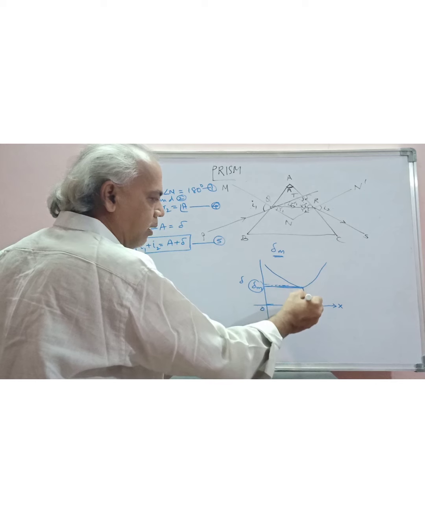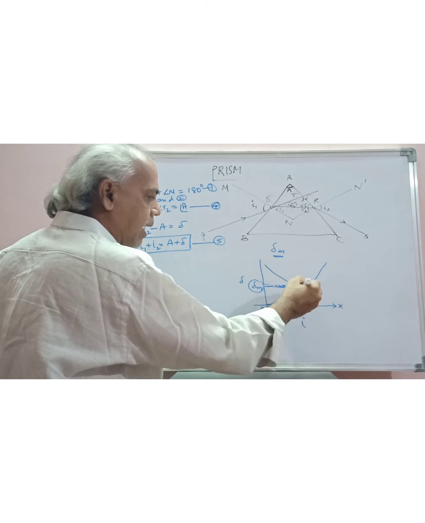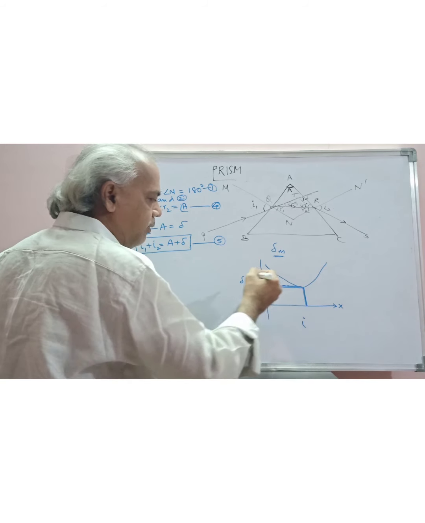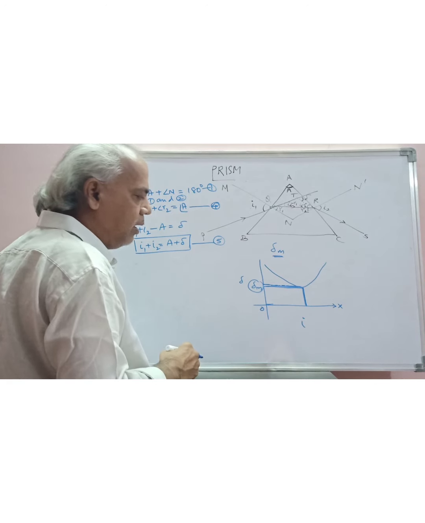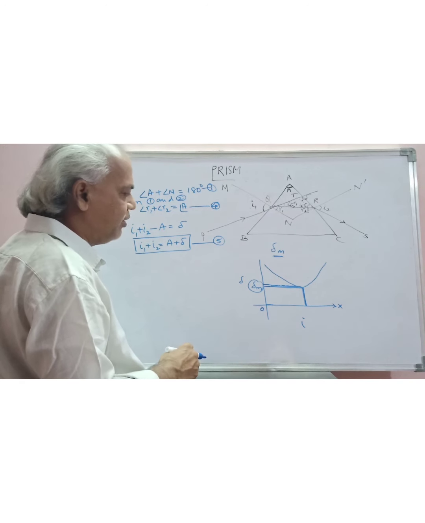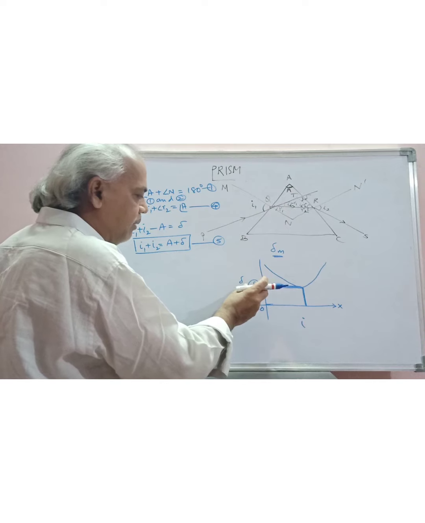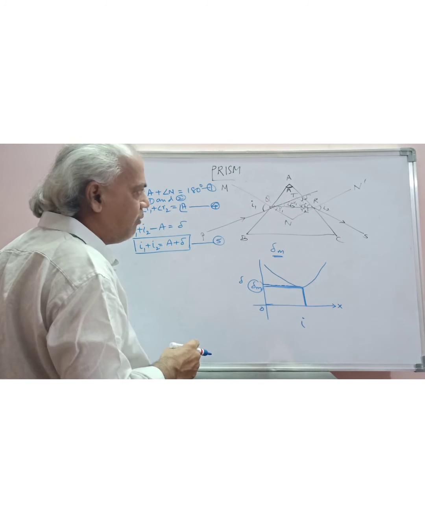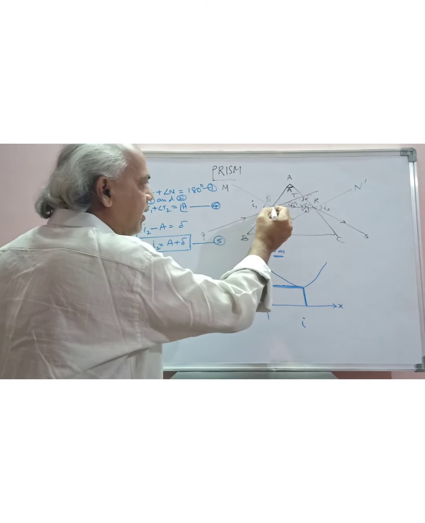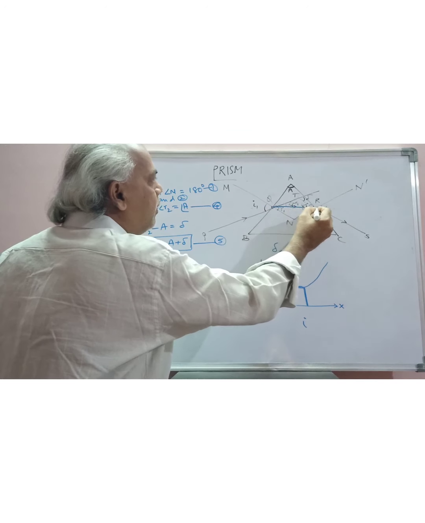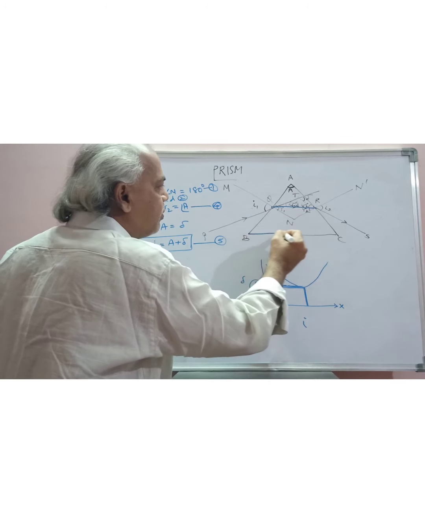So this is the angle of incidence. At a particular angle of incidence, the deviation angle is minimum, that is called the angle of minimum deviation. At this minimum deviation, what happens? The refracted ray QR is parallel to the base.